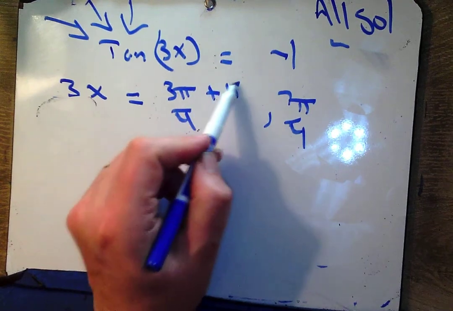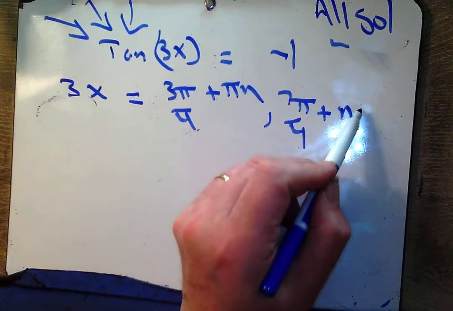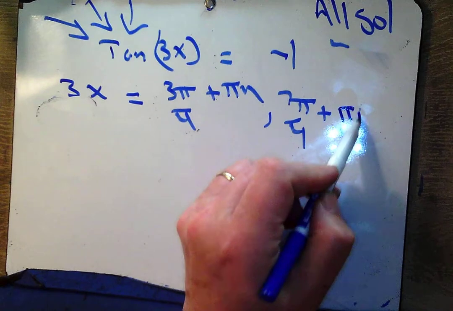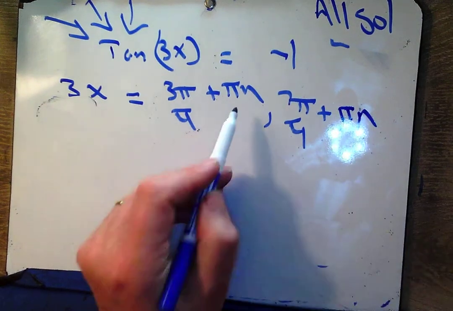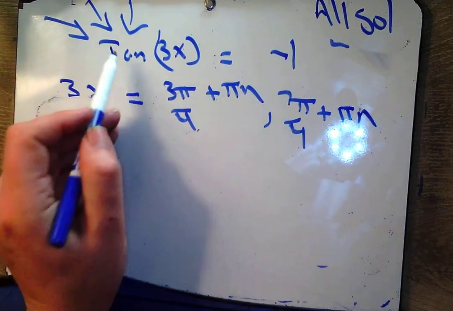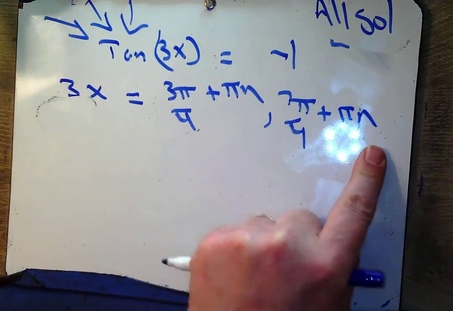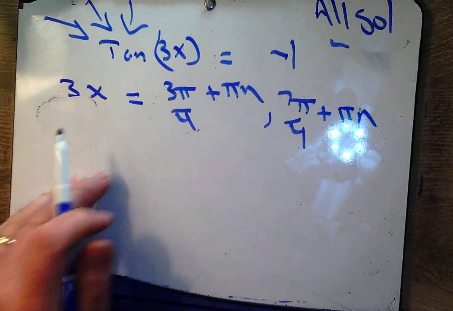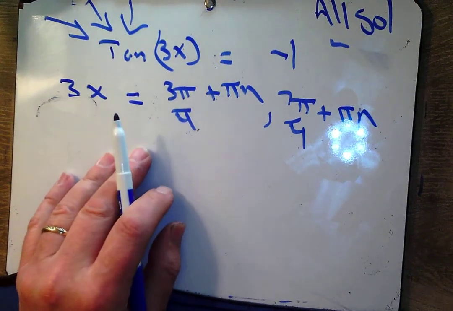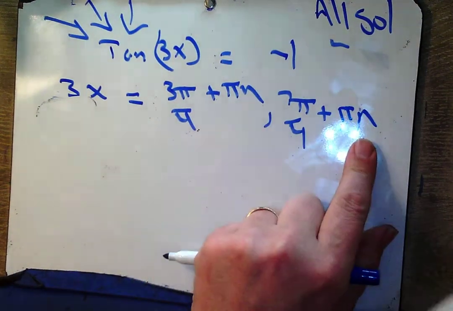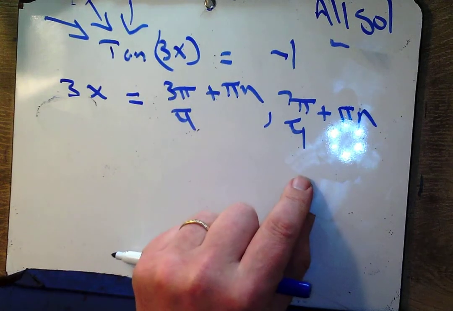I add plus pi n. I strongly encourage you to make a note about this in your notebook. That plus pi n for tangent and cotangent problems. This is a plus 2 pi n for sine, cosine, secant, cosecant problems. But for tangent and cotangent, this needs to be plus pi n. Period of tangent is plus pi n.